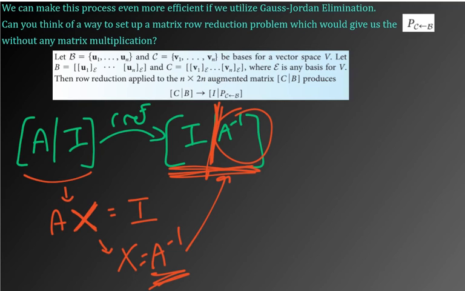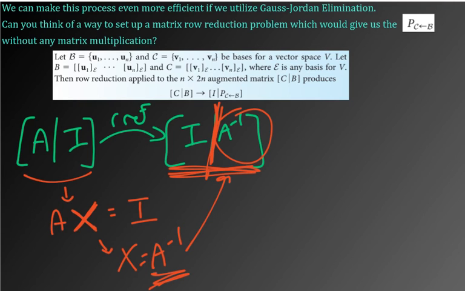Then if you want to get B to C, you just do C over here and B over here, and you augment it. It's just like this. And when you do Gauss-Jordan elimination, you're going to get an identity, and you're going to get what you wanted right there, okay?